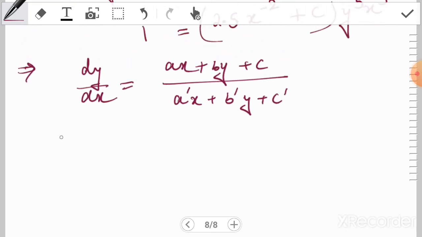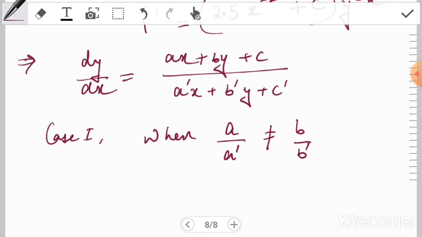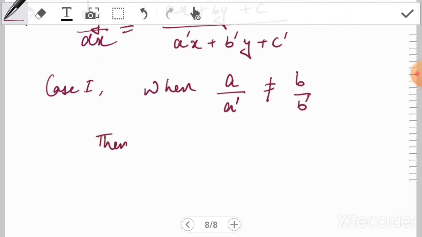So case 1, when a by a dash is not equal to b by b dash, then put x as X plus small h and y as Y plus small k, where h and k are constants.